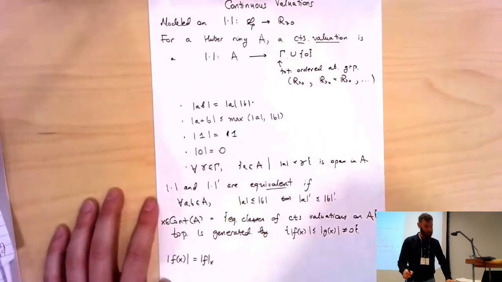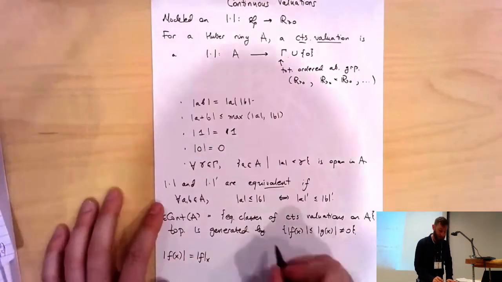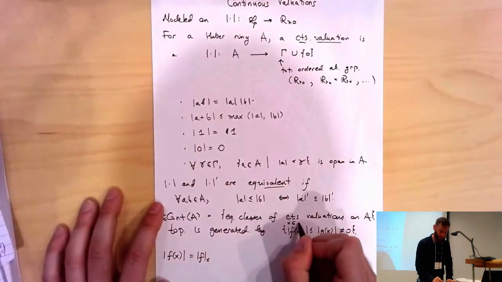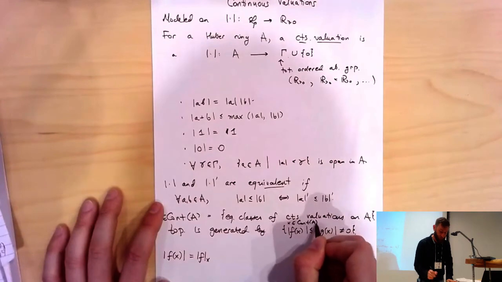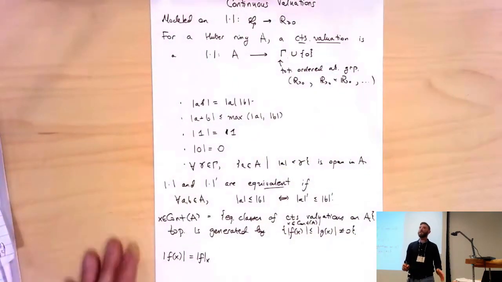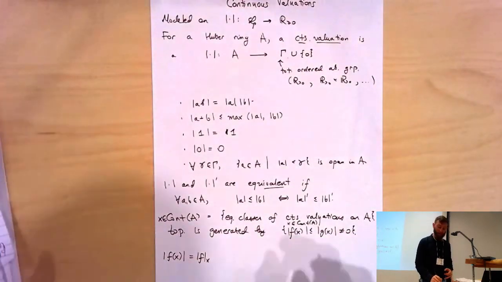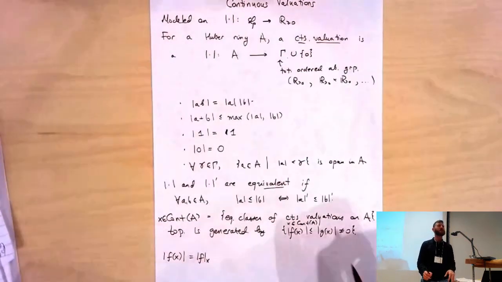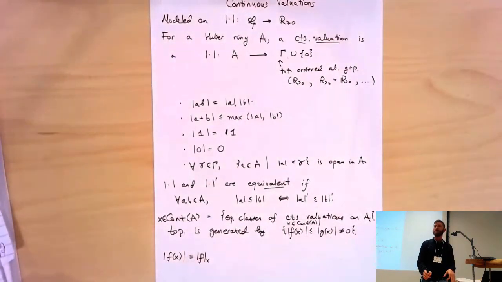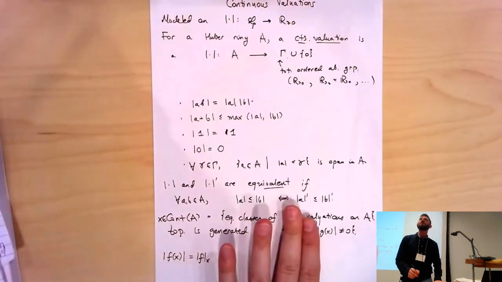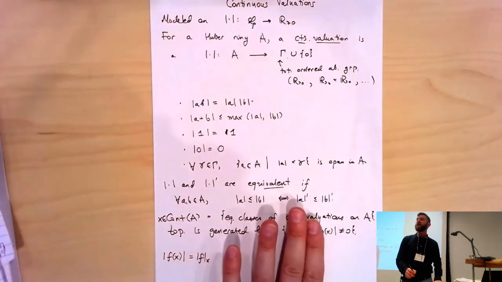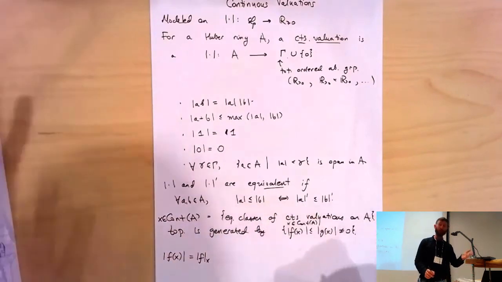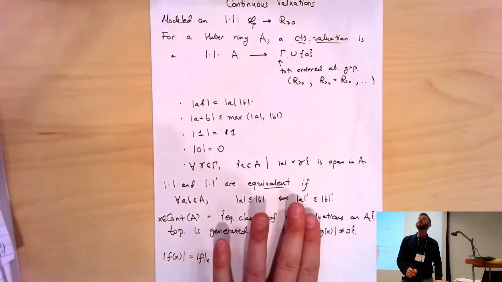So this means the set of all x inside of Cont(A) such that the absolute value labeled by x thinks that f is less than or equal to g, and that g is not 0. So if I didn't have the f here, this would be everything where g is non-zero. And indeed, I can always just let f be 0, and these things are going to be open.